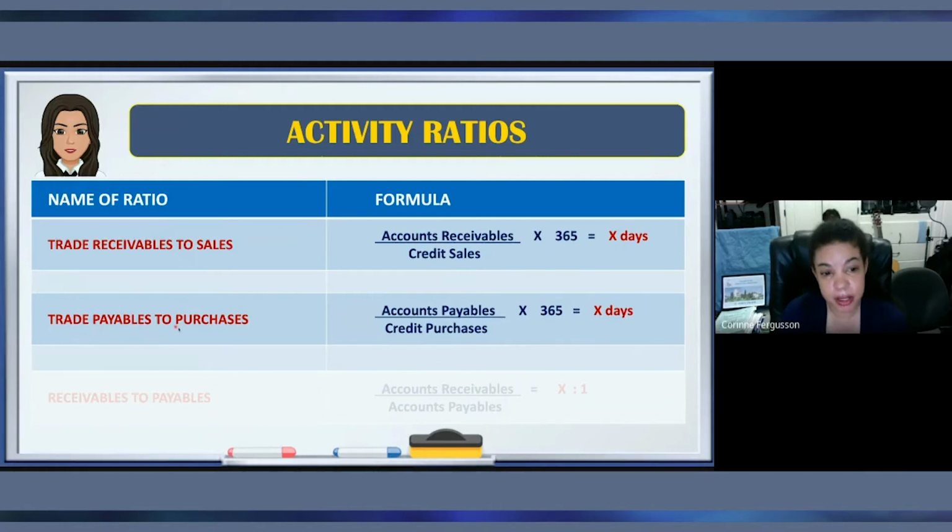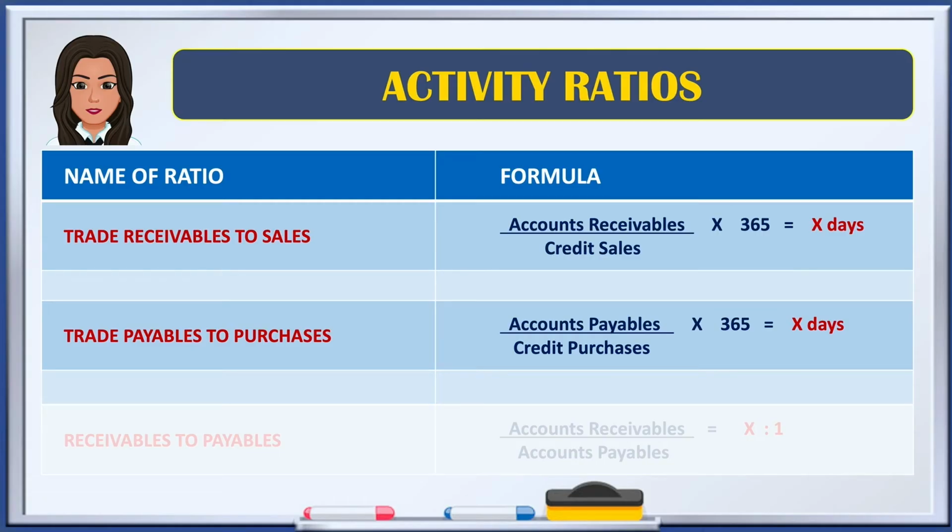Trade payables to purchases, it's in the name, so it will be your payables over your credit purchases, or whatever purchases figure they give you, multiply by 365 because we're expressing it in days. Whatever answer, just add days to it and you get the full marks.